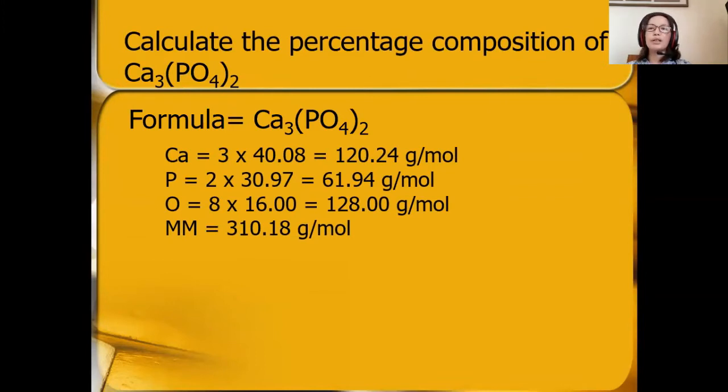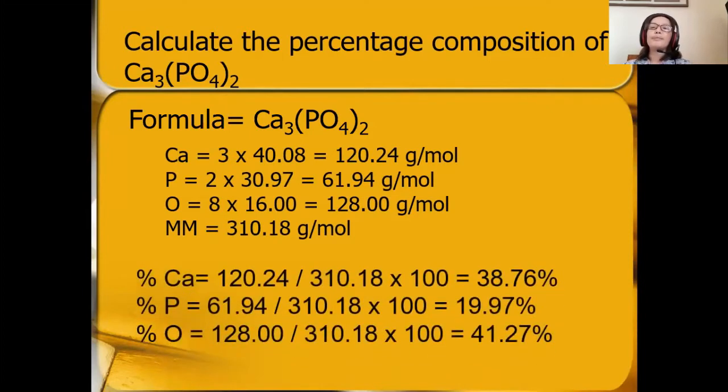For calcium, 120.24 divided by 310.18, phosphorus 61.94 divided by 310.18, and oxygen 128 divided by 310.18, each times 100. So these are the percent compositions for calcium, phosphorus, and oxygen.